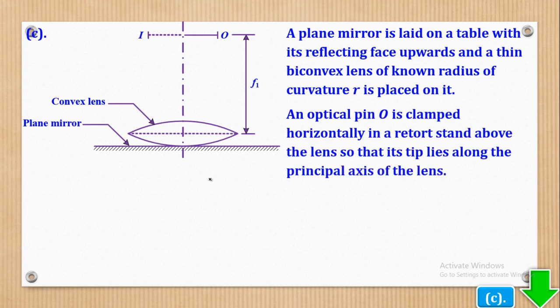After which an optical pin O is clamped horizontally on a retort stand above the lens so that its tip, know that word, so that its tip lies along the principal axis. So this dotted line here represents the principal axis of this lens. So the tip must lie on it. I think realize that if you look at this, the tip is on the principal axis.